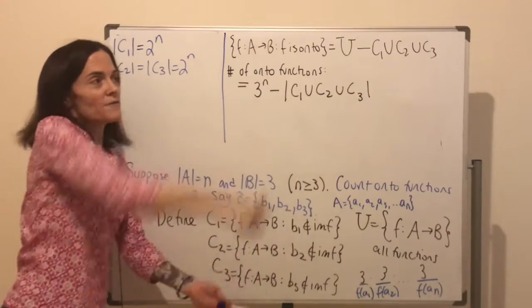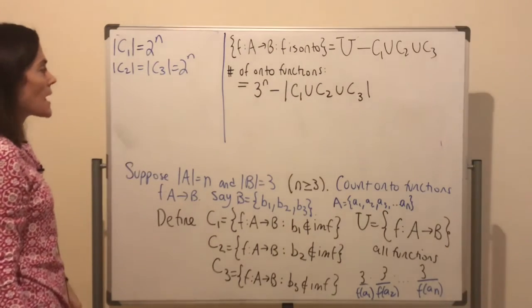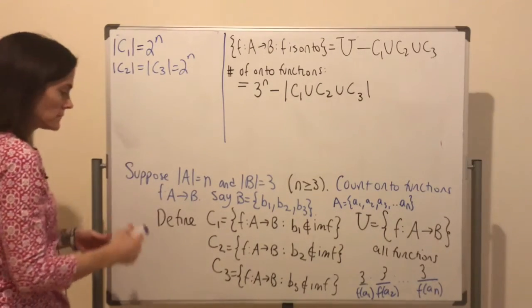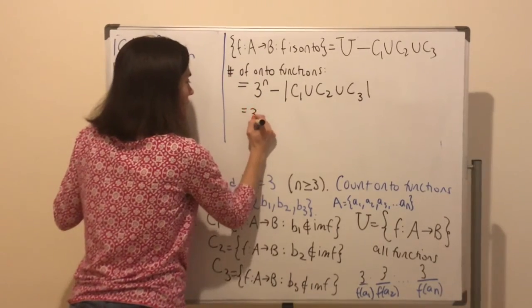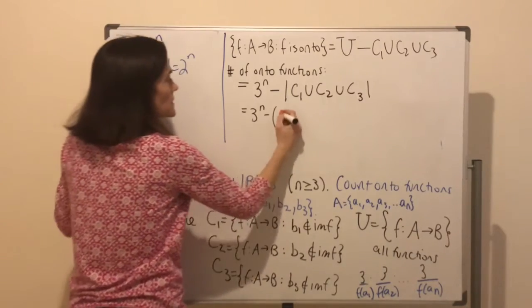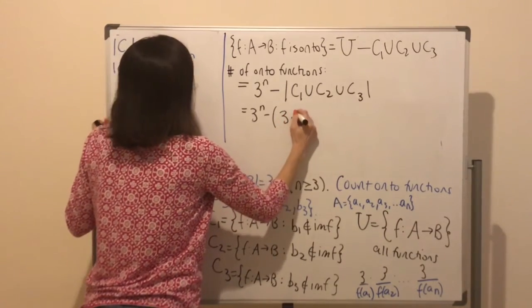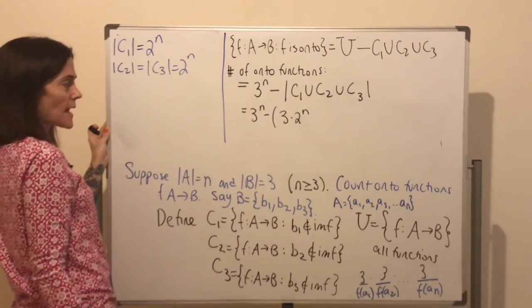It can go to one of 2 things. Certainly it can't go to both. That wouldn't be a function. Okay, so far, so good. We have a minus. There's 3 of these, so we have 3 times 2 to the n. That's for the individuals, right?